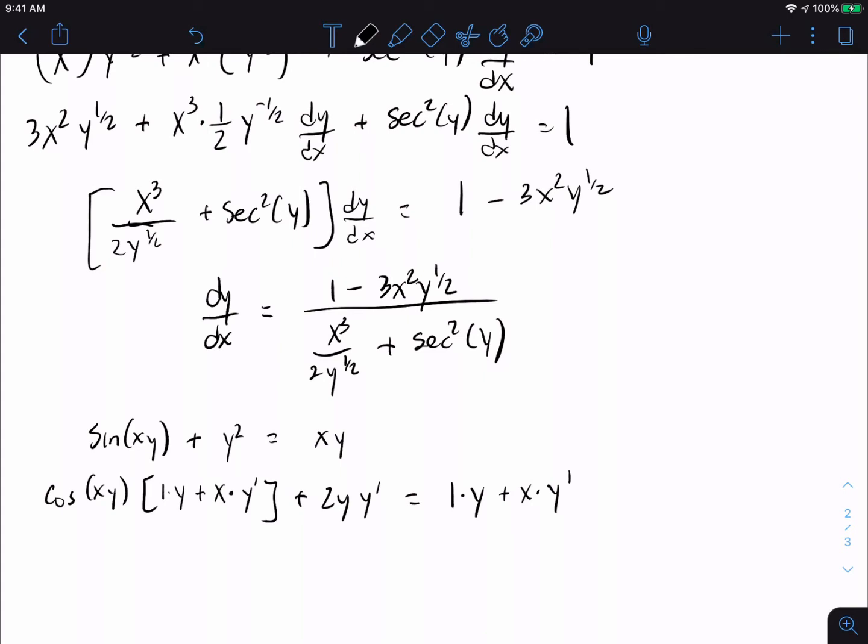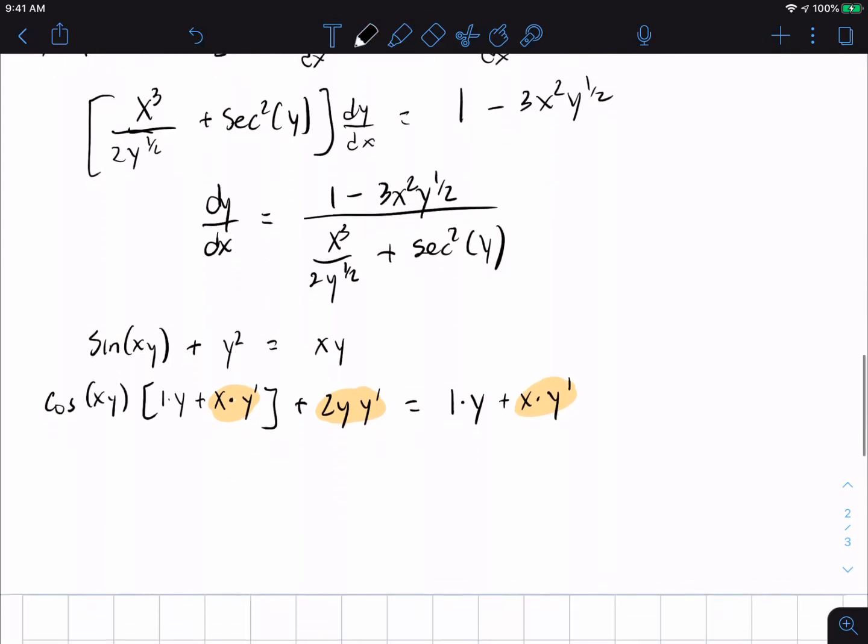Okay. Now, for clarity's sake, this is what I'm going to try to get. This one I have to get, and this one I have to get. I want to put those all in the same place together, right? Because I want to be able to factor out a y prime. We okay? So that means I have to distribute.